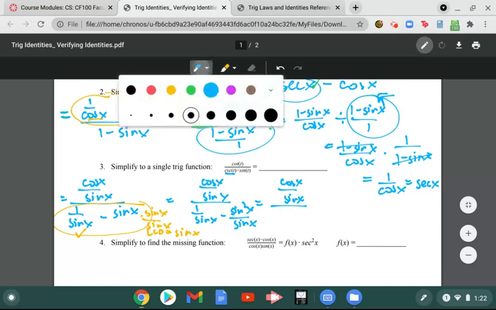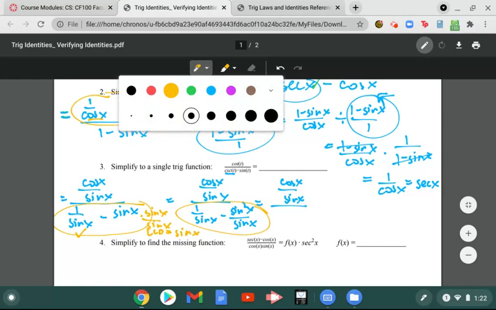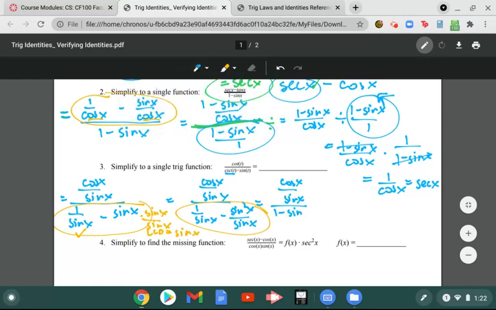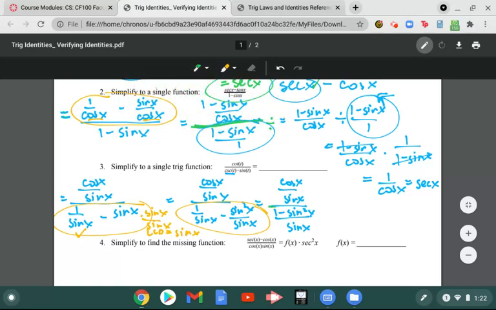That numerator is cosine x over sine x, all over. I can go ahead and take that denominator now and combine it into a single fraction, all over sine. So I get 1 minus sine squared x divided by sine x. Now we've done this before. This original fraction bar really is a division symbol.